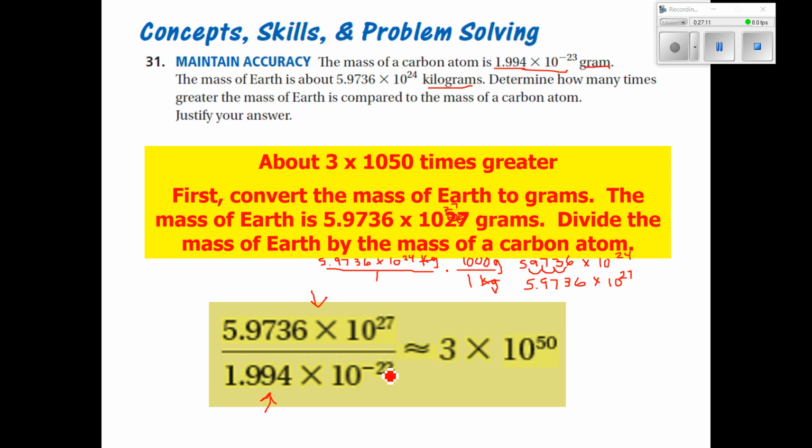So we have to add 23, which means we will add 23 up here. 27 and 23 make 50. And now we have 5.9736, and it's going to be divided by 1.994. That's going to give us 3. So that's how we got this answer. Whew, that was complicated. All right, let's move on.